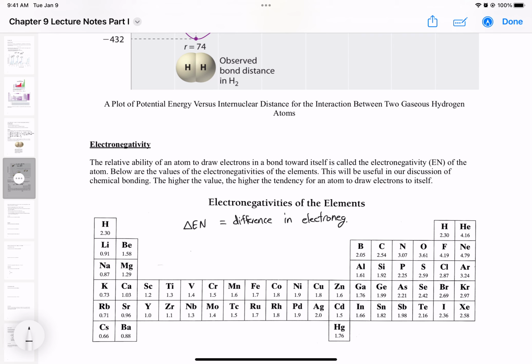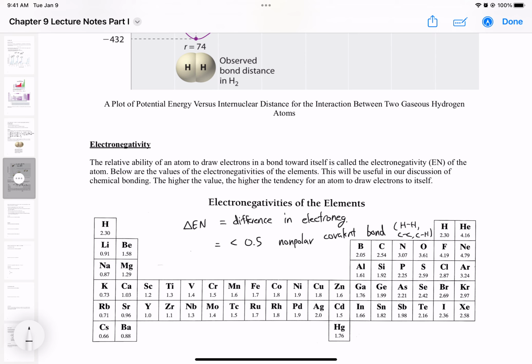All right. So if the difference is less than 0.5, it's considered a non-polar covalent bond. Usually a type of bond like this is H-H, C-C, or C-H. Something along those lines.